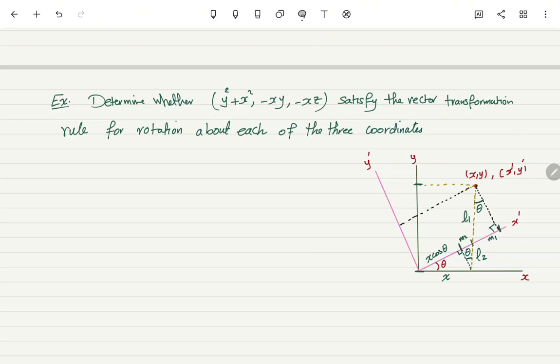For instance, x prime equal to x cosine theta plus y sine theta, and y prime equal to minus x sine theta plus y cosine theta. This is rotation around the z-axis.